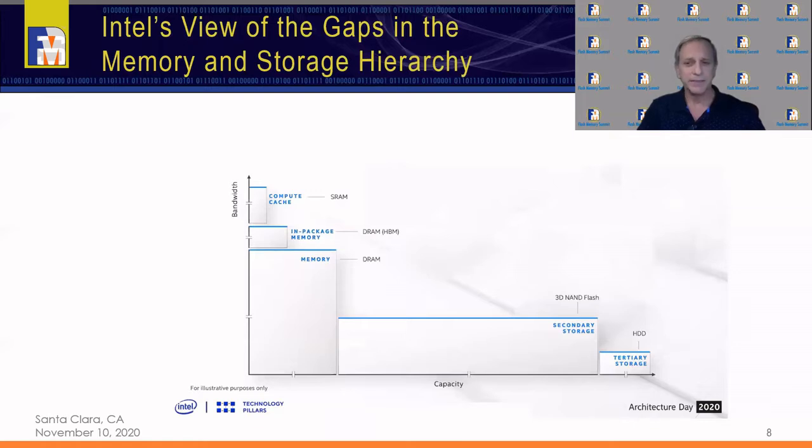Here's how Intel illustrates the performance and capacity gaps. Note the gap between getting data from the cache versus getting data from the off-chip DRAM, and then the much larger gap from accessing data in the DRAM versus getting data from an archive like a high-capacity HDD.